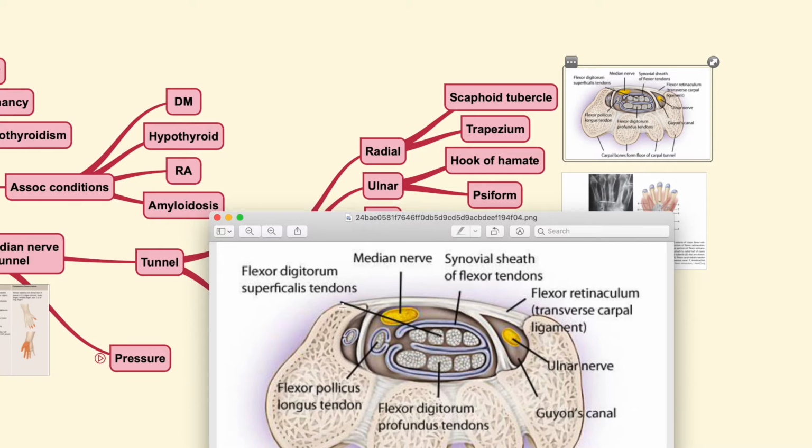The contents of the carpal tunnel are the median nerve and these tendons: the flexor digitorum profundus tendons, the flexor digitorum superficialis tendons, and also the flexor pollicis longus tendon. This content is outside of the carpal tunnel. This is the ulnar nerve.